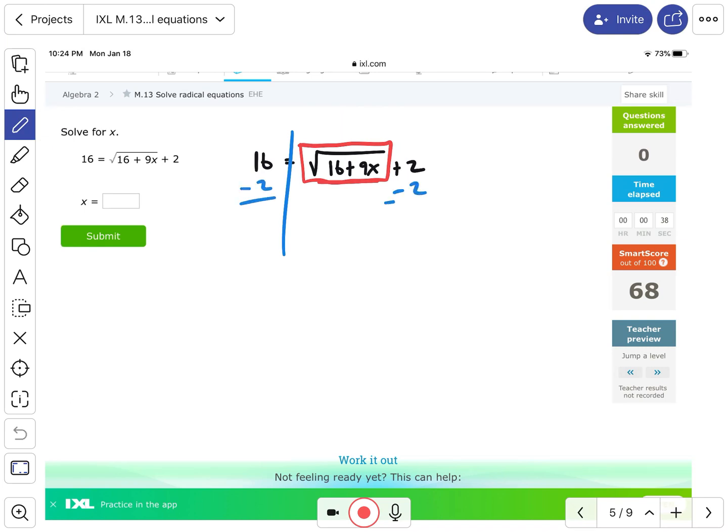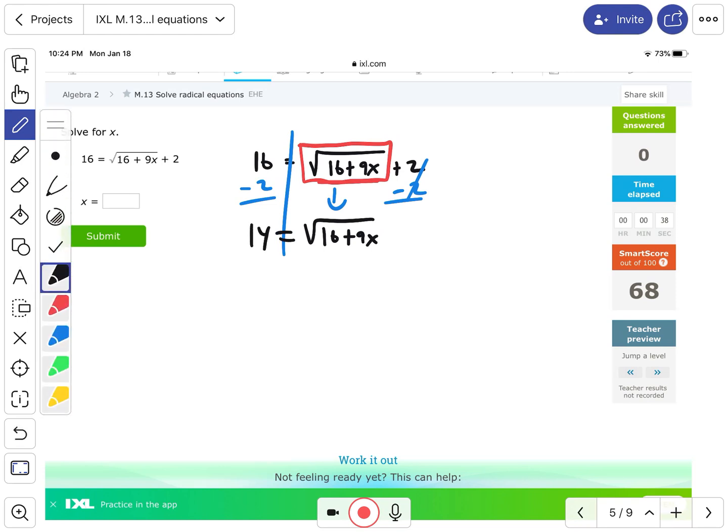And then after that, you could basically square root it to get this square root out of there. And so yeah, now on the right side, this radicand is all by itself, so you could square both sides. That'll be the inverse.